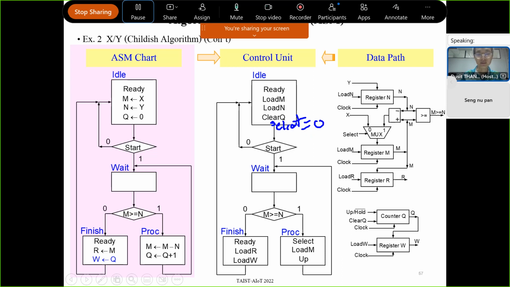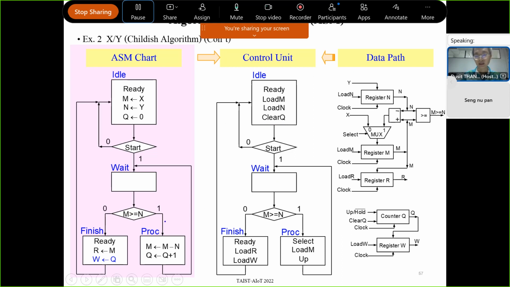You can write more, but because it's not active, I didn't write it here. Not written means it's not active, it becomes 0. And for N, load data from Y, so load N must be 1 here also. And clear Q becomes 0, so clear should be 1 at this state.